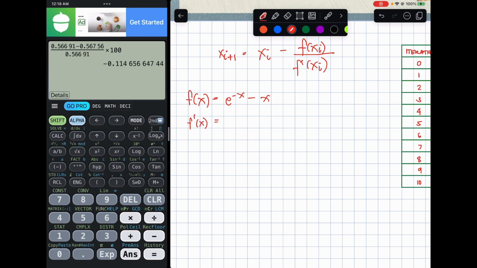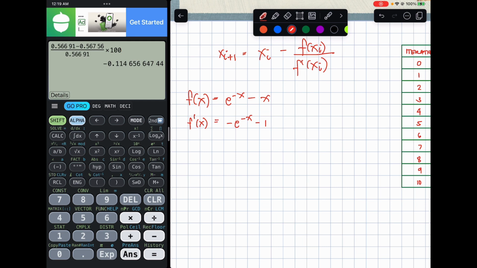The derivative of e raised to negative x is e raised to negative x, and the derivative of negative x is negative 1. That would give us negative e raised to negative x. So f prime of x will be negative e raised to negative x minus 1.